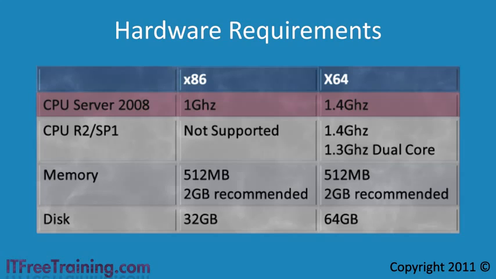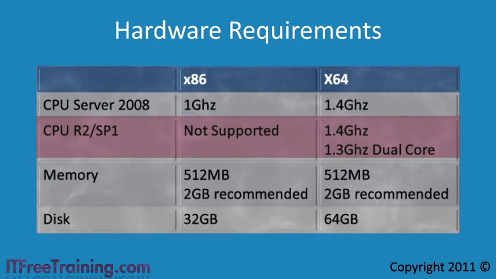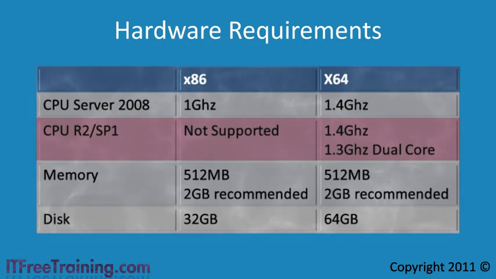These figures that I am giving you are the minimum supplied by Microsoft, which Windows Server 2008 will work on. The minimum requirements will not give you the fastest Windows experience, so you should always try to exceed these values where possible.